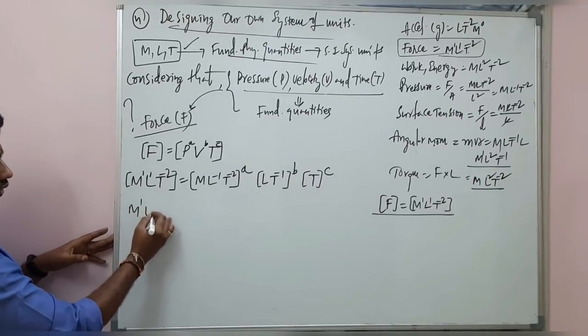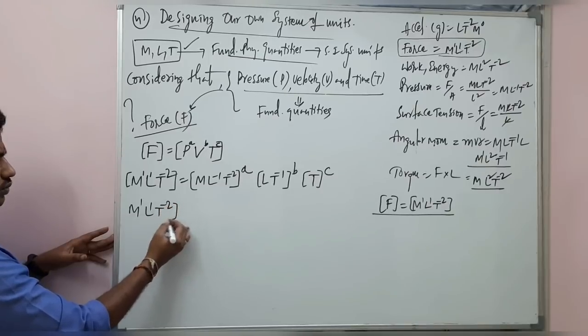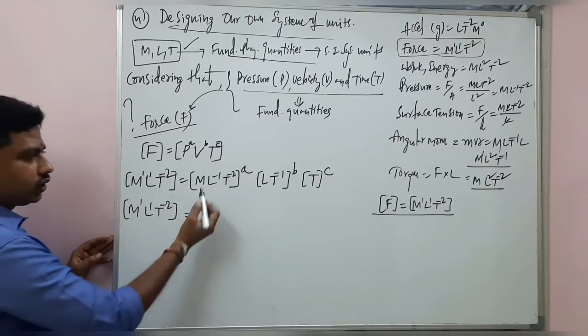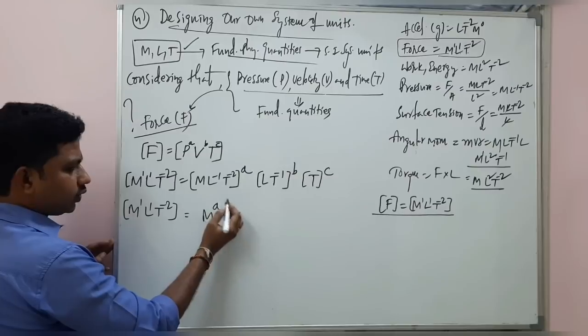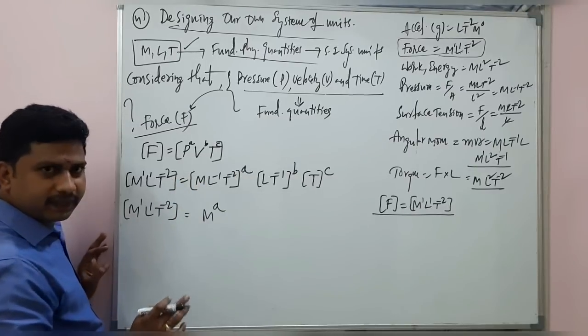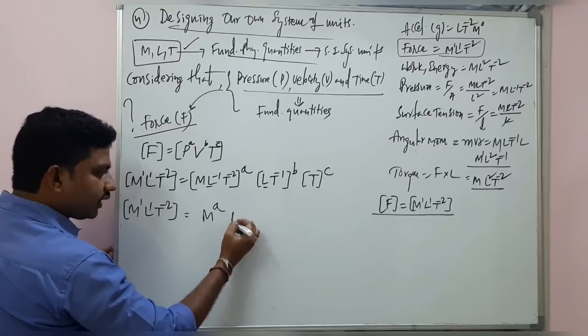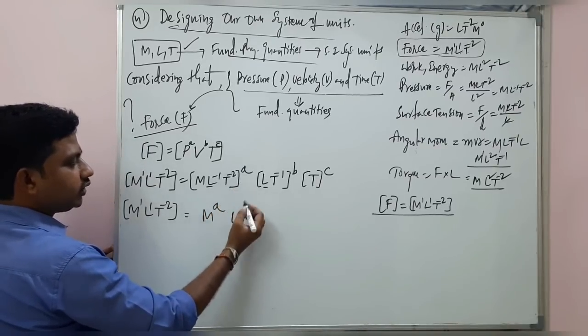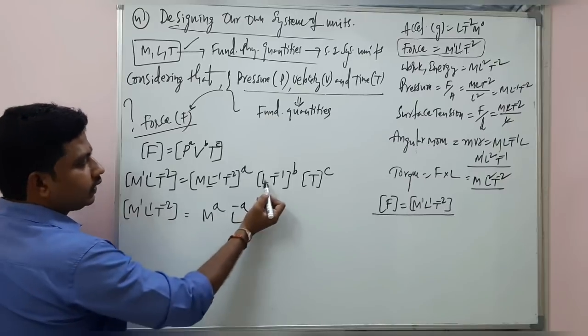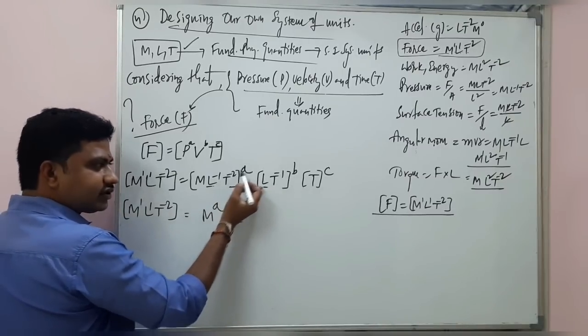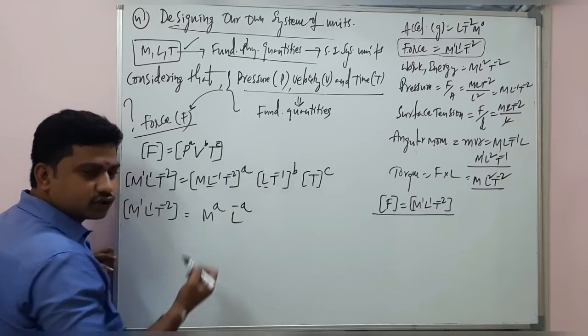M raised to 1, L raised to 1, T raised to minus 2 will be equal to M raised to a, only one M. L, so many L's are there because L is here, L is here. So I can write L raised to minus 1 into a, it is minus a. L raised to minus a into L raised to b, right?